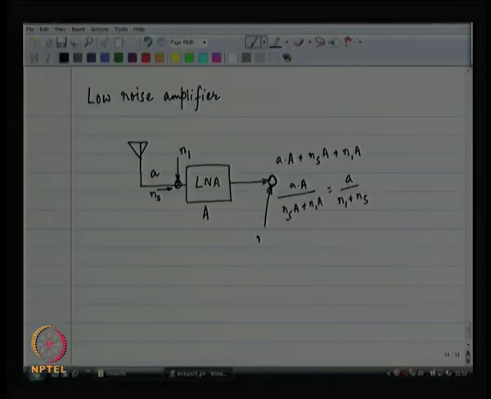So, if I add N2 over here, then the total noise over there is going to be this plus N2, and this plus N2 is not going to make a dent in my equation because A is large. Okay. So, this is my plan. So, that is why I want to make a very good amplifier right up front, right next to the antenna. It should be a low noise amplifier.